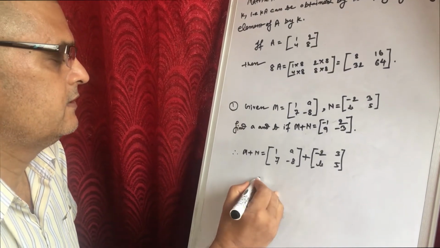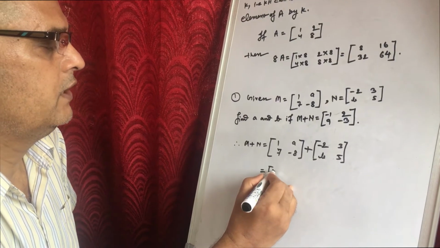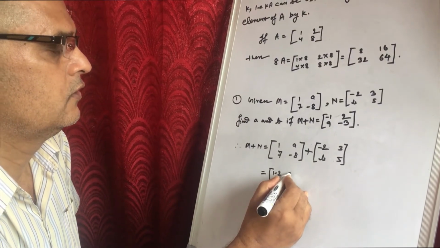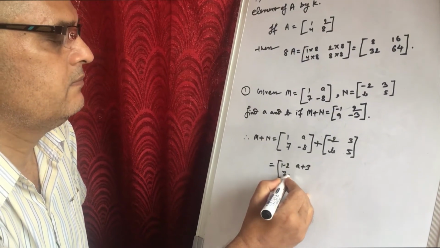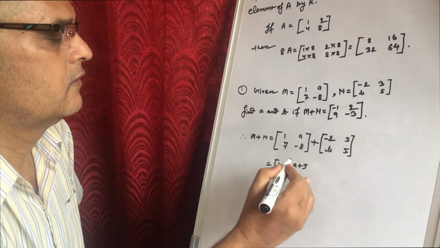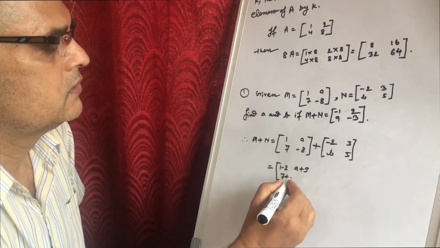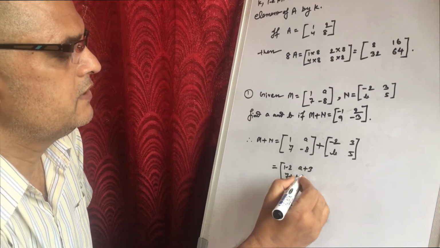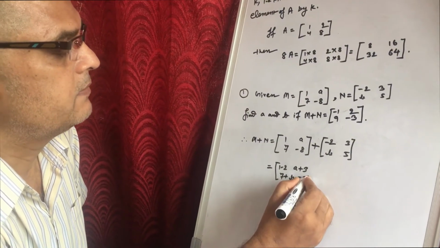So it will be 1 minus 2, a plus 3, 7 plus b, minus 8 plus 5.